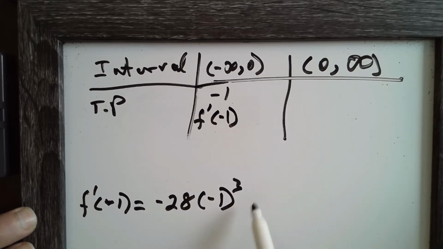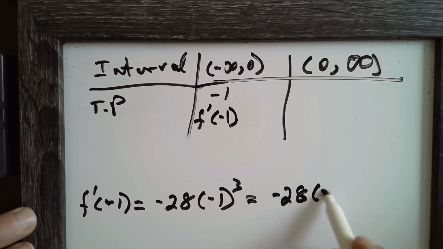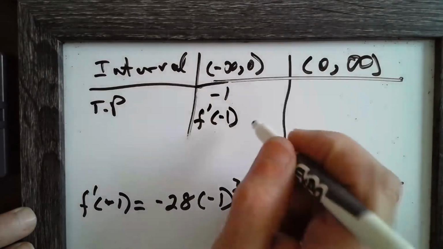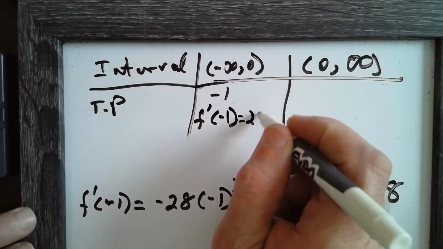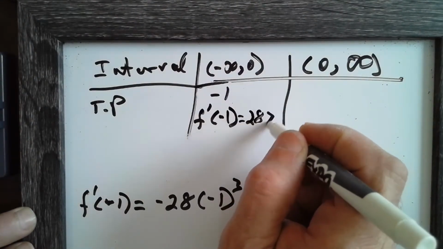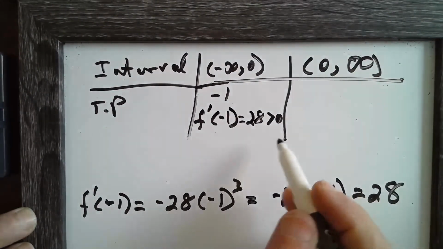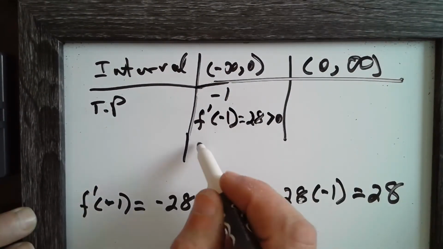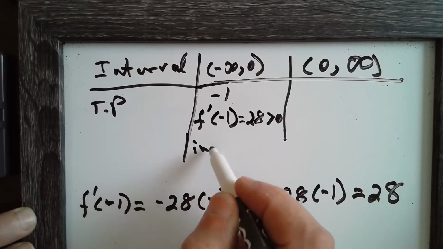So that's negative 1 cubed, that's still negative 1, so it's negative 28 times negative 1. We get a positive 28 out. So that'll be 28, which is positive, that's greater than 0. So this interval is increasing.